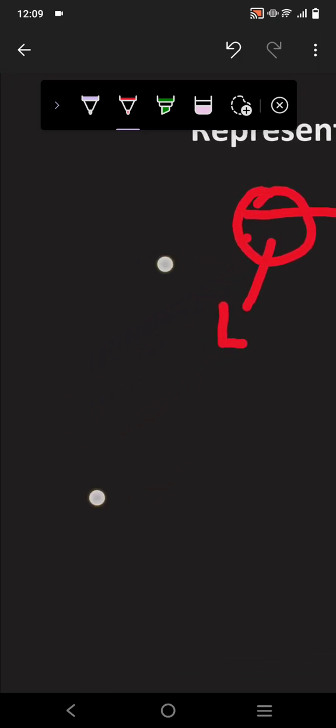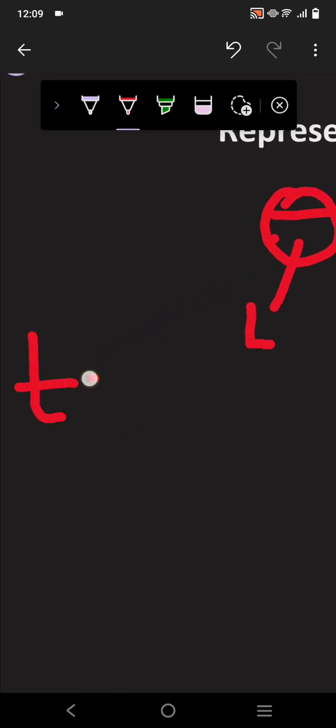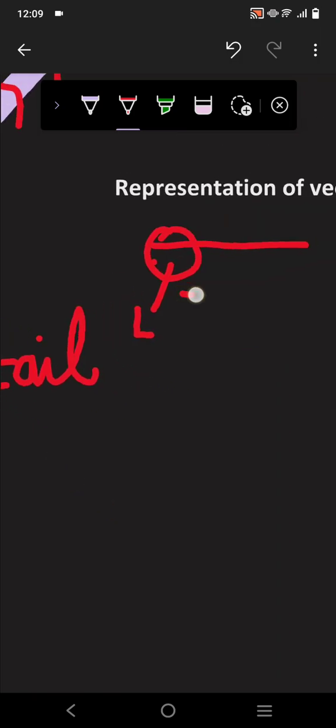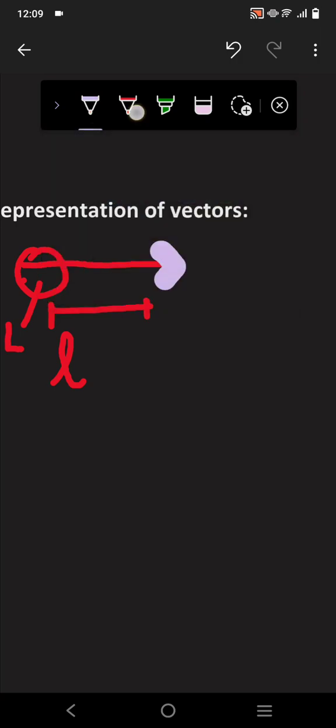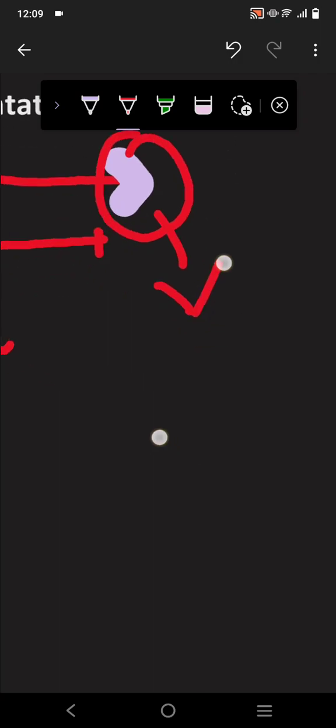This is an arrow. This part of the arrow is known as the tail. Basically this tail part shows the length, you need to remember. And this part is the arrowhead, known as the head.